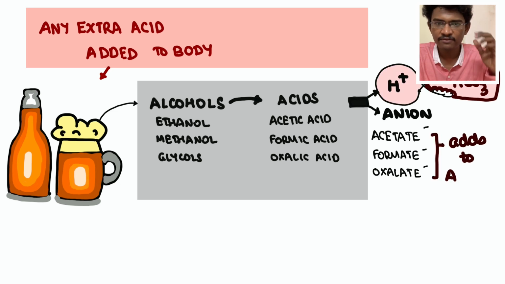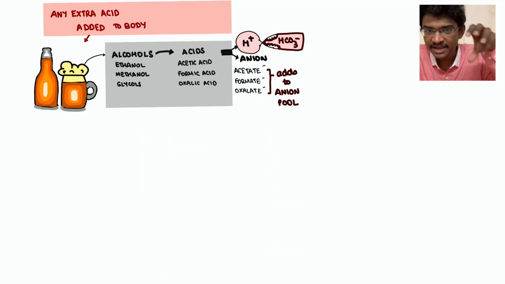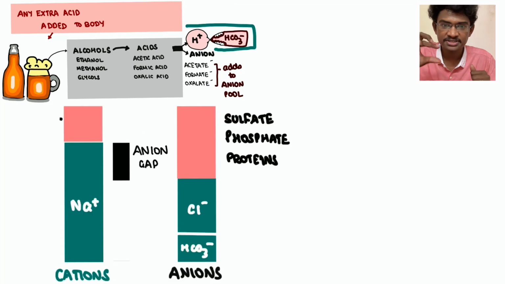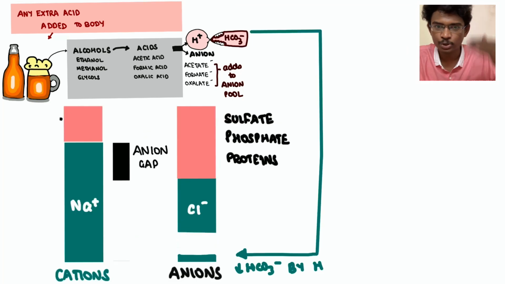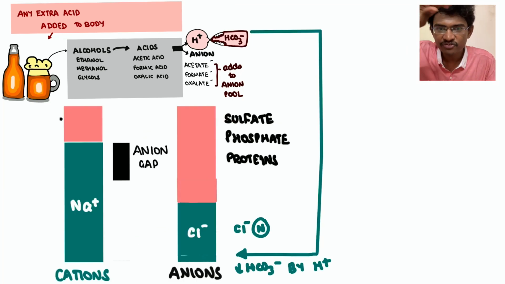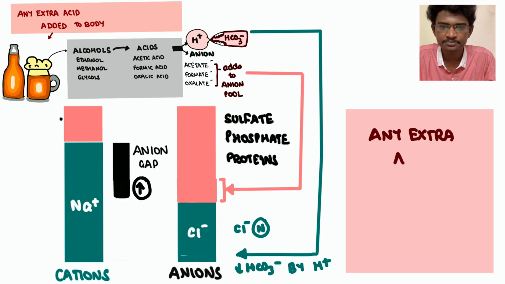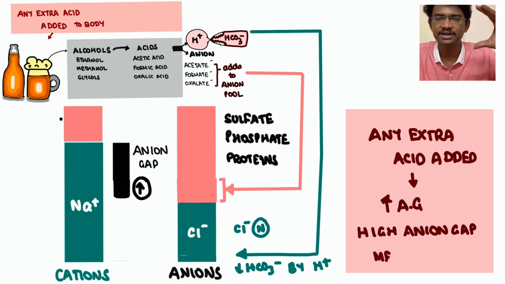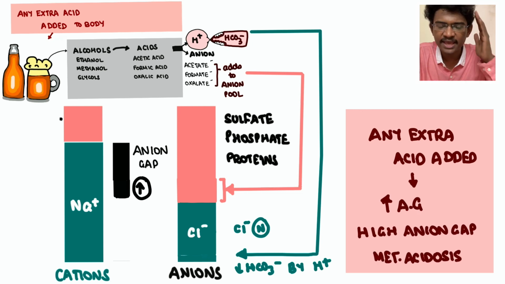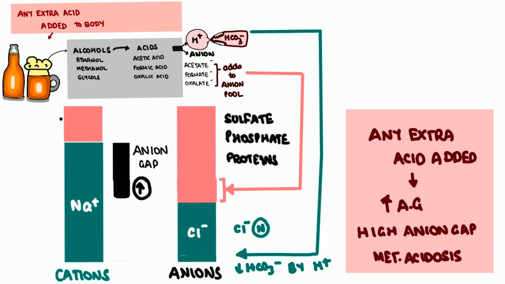This proton will neutralize the bicarbonate pool. So there is a gap created in the anions. This gap will be filled by the extra anions like acetates. So the anion gap will be increased. Any extra acid added to the body will increase the anion gap. This is high anion gap metabolic acidosis.